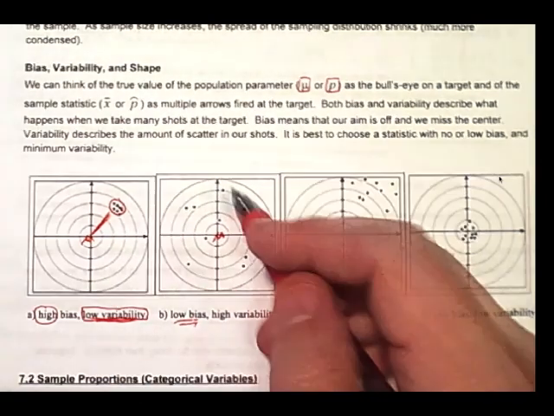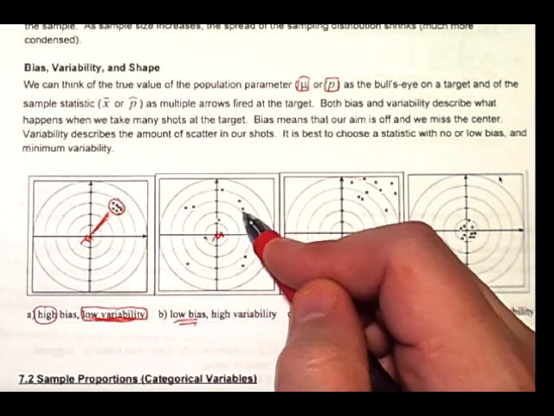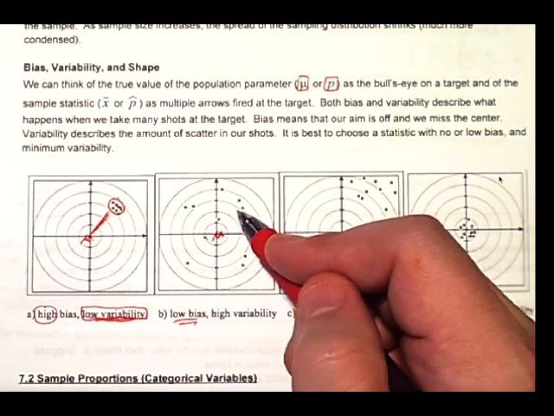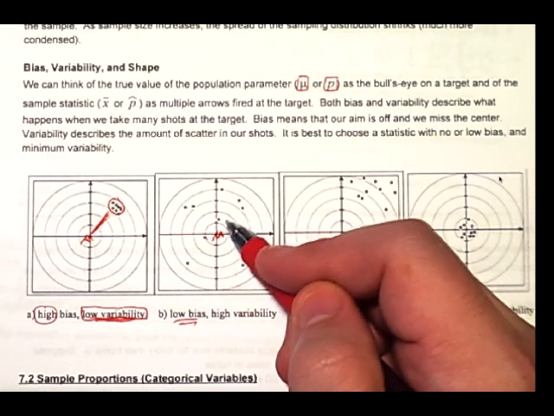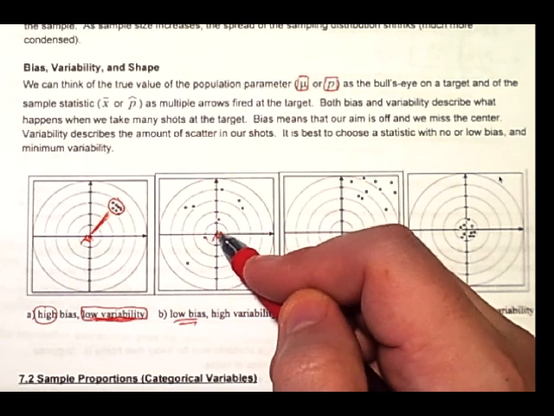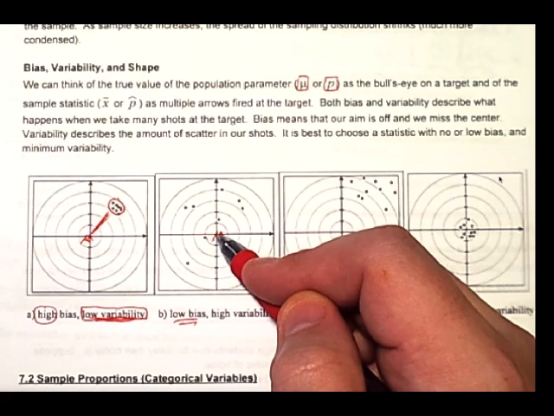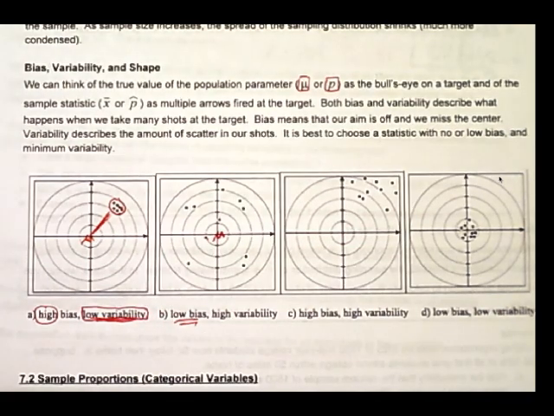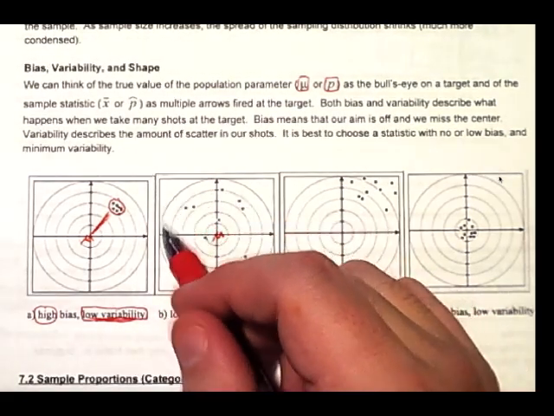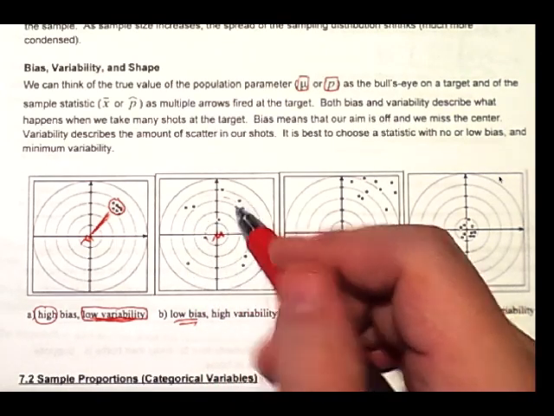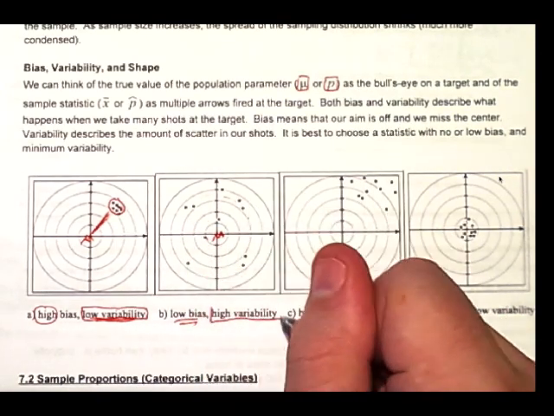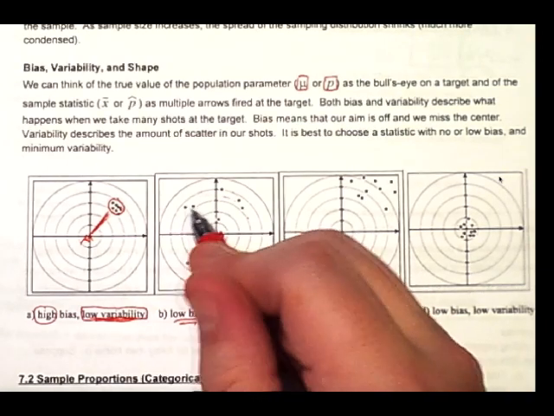If you were to average out all these polar coordinates or vectors in a way, they would come pretty close to summing right to the center. But they're all over the place. So that's why this is high variability. The dots or the arrows are not condensed.